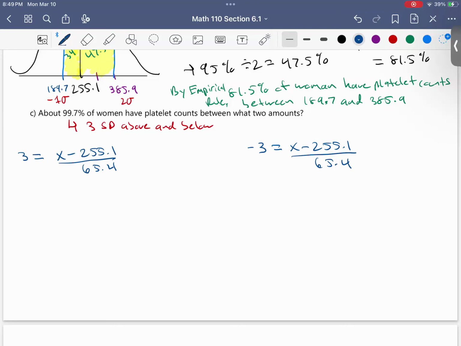Let's go ahead and find these two x values. We have to multiply by 65.4 to both sides. So that cancels out here, and 3 times 65.4 comes out to 196.2.